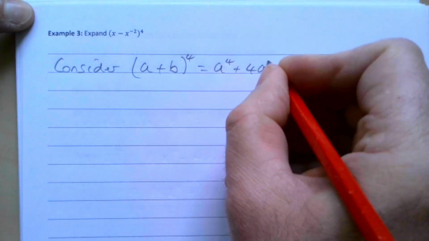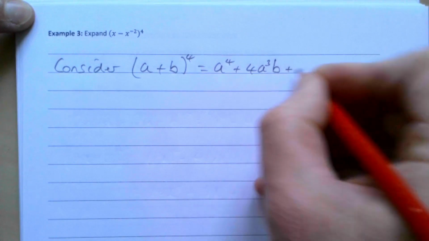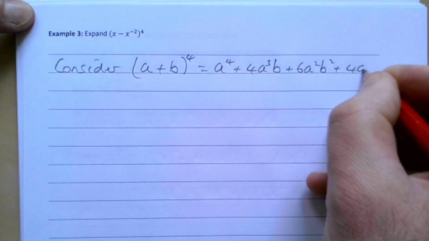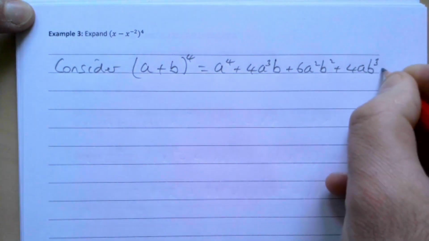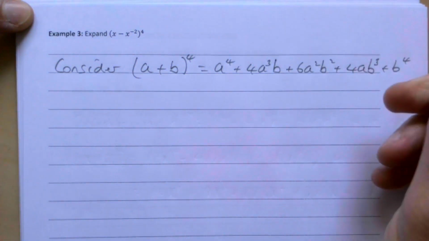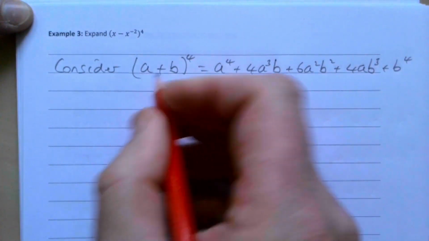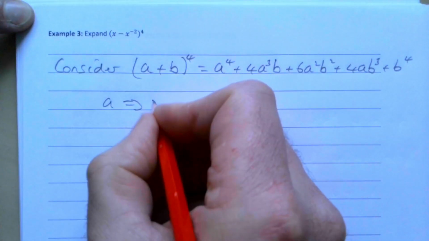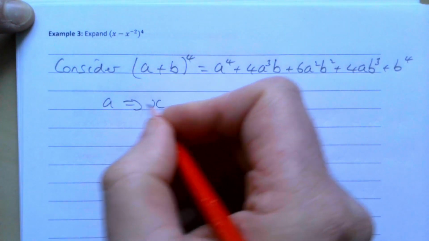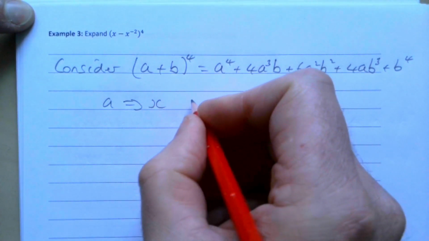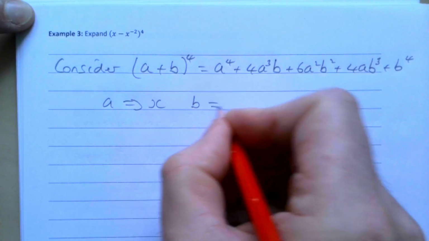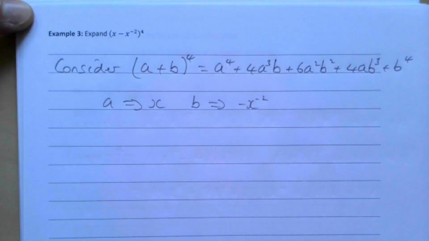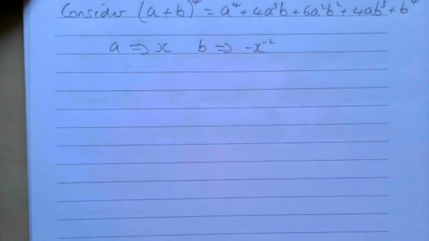Plus 4a^3 b^1 + 6a^2 b^2 + 4ab^3 + b^4. Any time I see an a, I'm going to exchange it for x. Any time I see a b, I'm going to exchange it for minus x to the minus 2. We need to be quite careful with that.